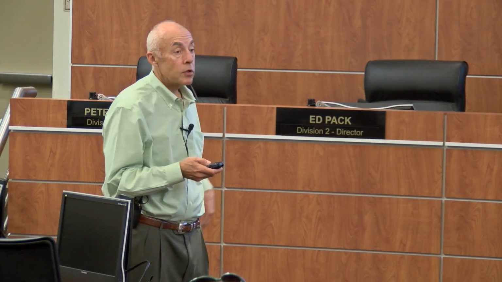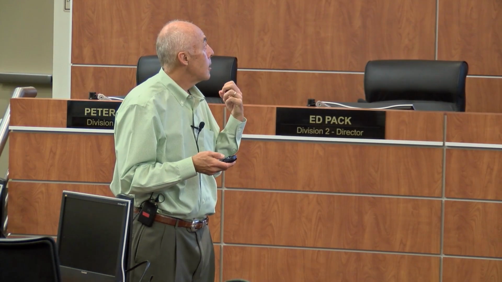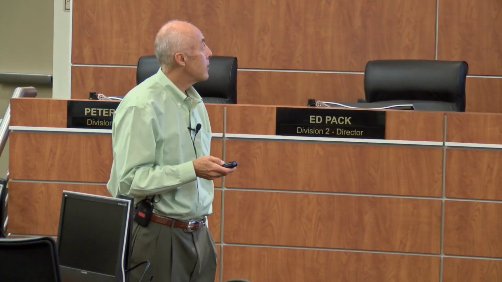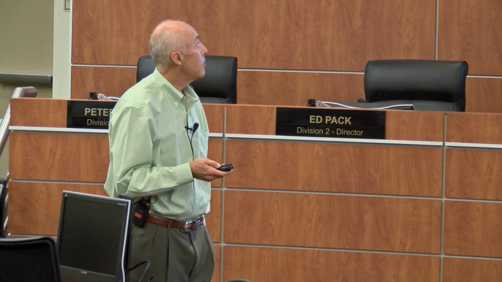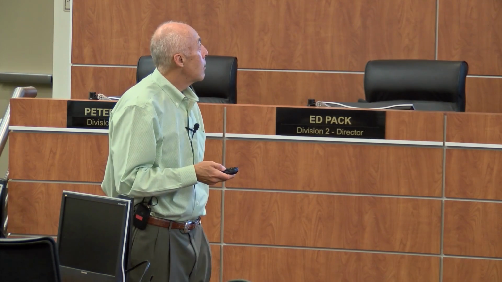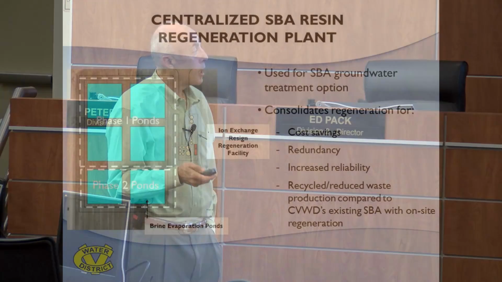And then also, of course, there's going to be more maintenance, more operation, folks coming in and out of these facilities. And as we'll see here just in a second, the strong base anion exchange treatment requires occasional regeneration of the resin. And we'll get into that in a second.